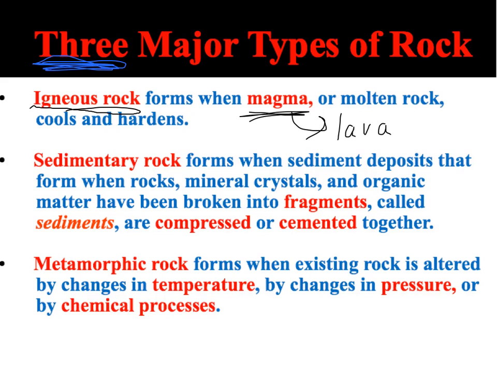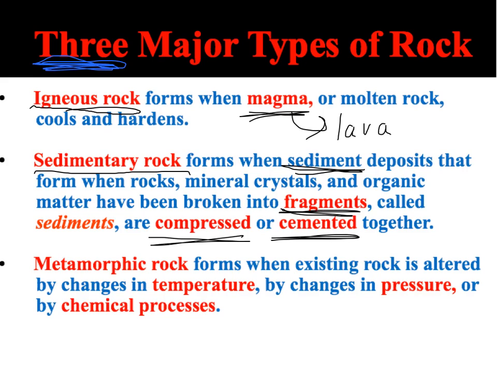The second type of rock that we'll talk about is the sedimentary rock. And the sedimentary rock forms layers, and it gets put on top of the crust. And they come from these little tiny particles of rocks and minerals and organic material called sediments, get broken up into small little fragments and then get compressed or cemented together.